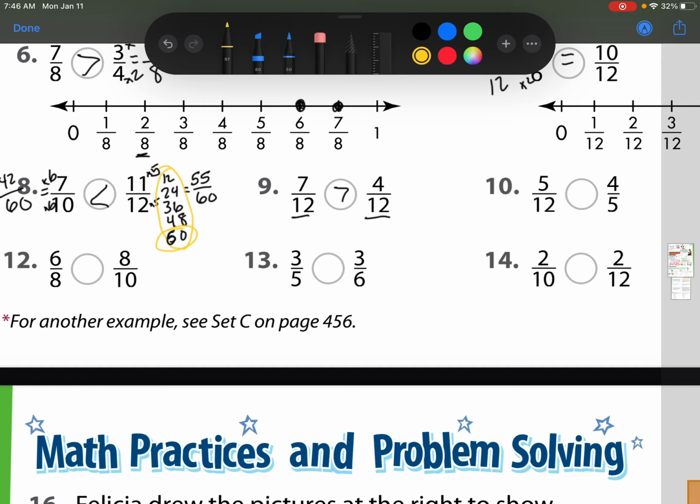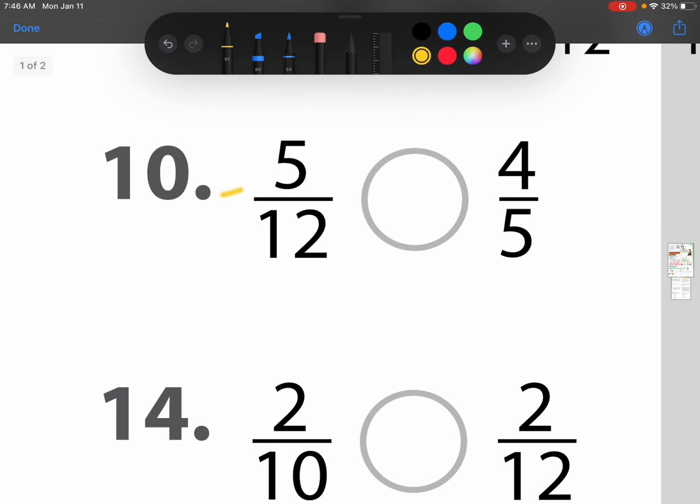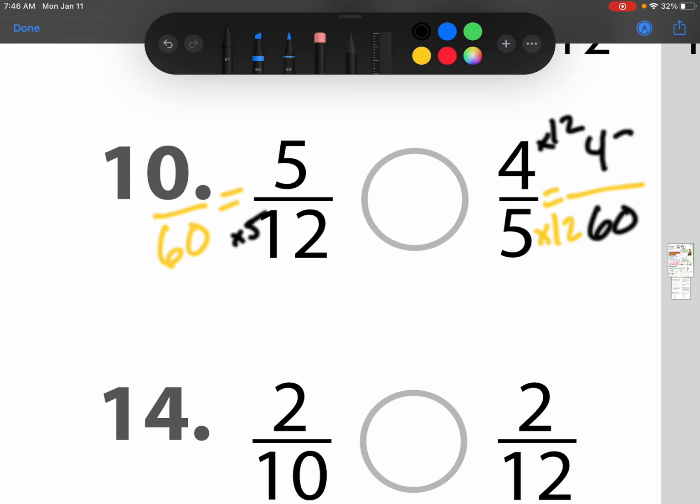This is my first one that's going to be divisible by 5, which means over here, this is going to be my first one that's also a multiple of 5. So now we have a times 12, since that's 5 times 12, which gives us 60. And this was times 5. So 12 times 4 is 48. 5 times 5 is 25. Which one is larger? We see 48 is larger.